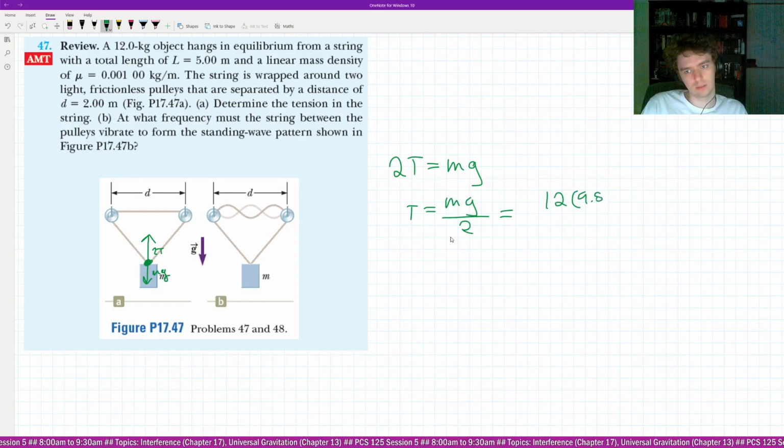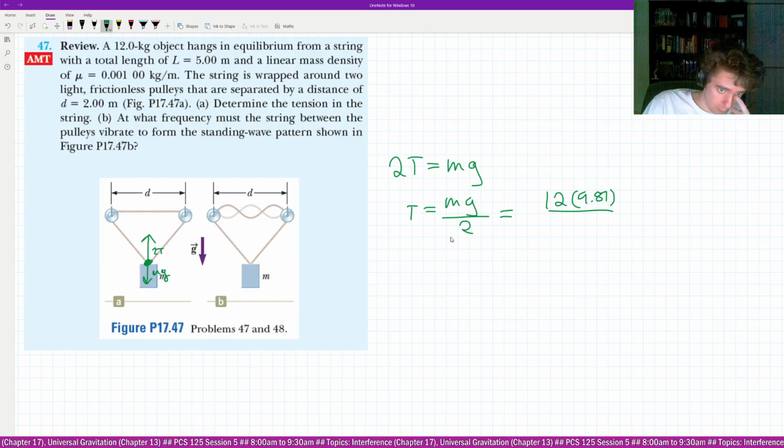So are we assuming that's 45 degrees? Wait, wouldn't it be the vertical component of tension? Because it's also going to have to be pulling left and right. But we don't need the direction of it. We just need what is the tension in the string. Yeah, but the x tension component would also be more than the tension. The vertical component of the tension has to be half of the force pulling down on the mass.